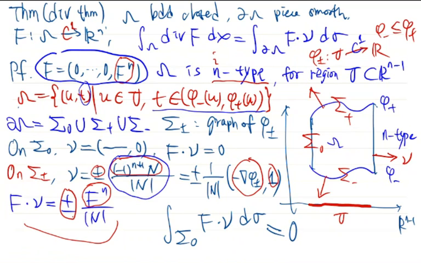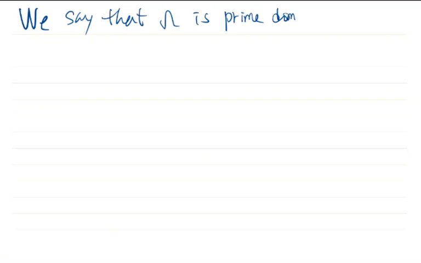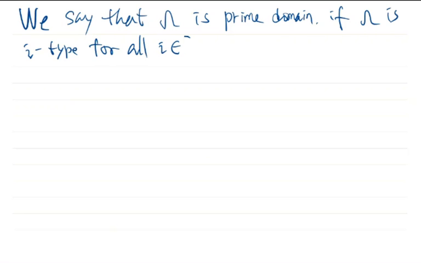Now we consider a slightly more general case. We say that omega is a prime domain if omega is of I type for all I. This notation I invented myself.